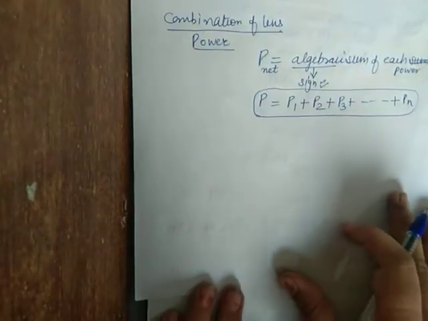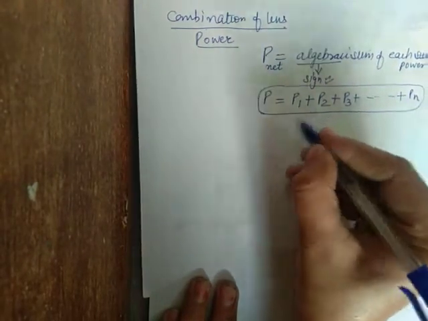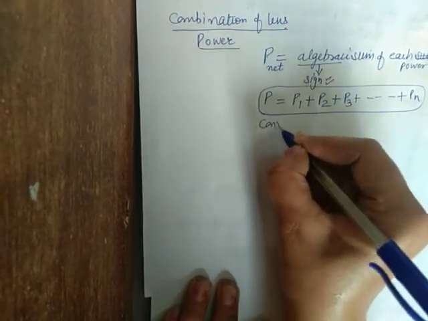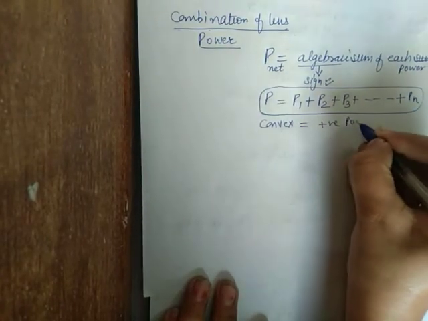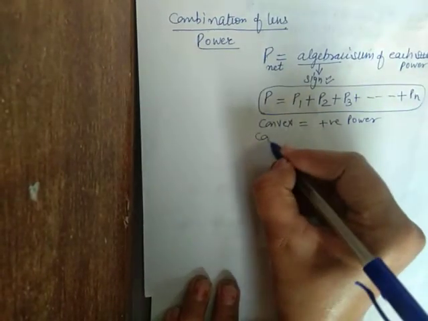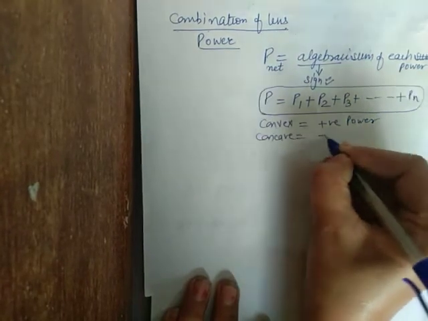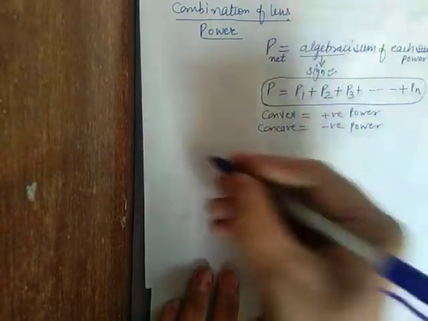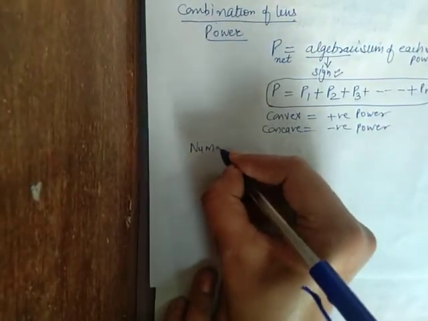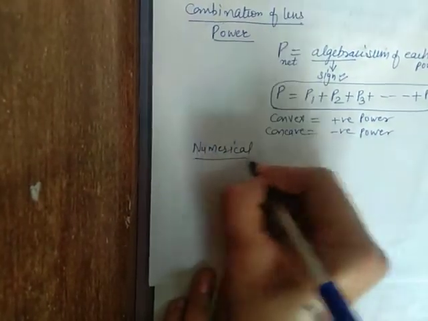Okay, so we have to keep in mind that convex lens power is positive, and if the lens is concave, then power is taken to be negative. So here is a numerical so as to clear this point also.